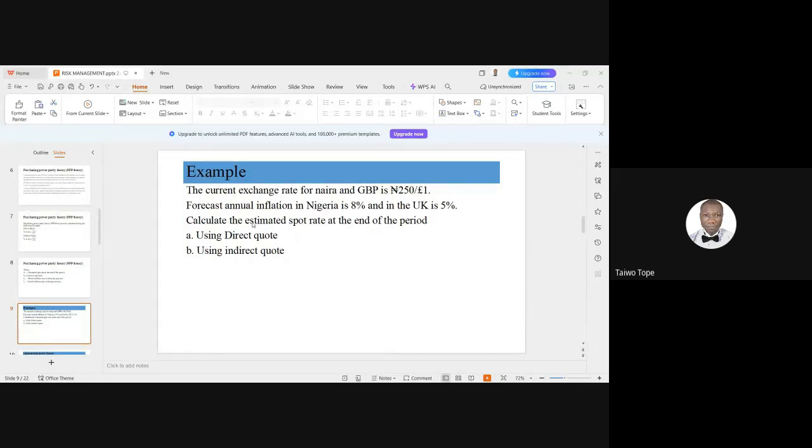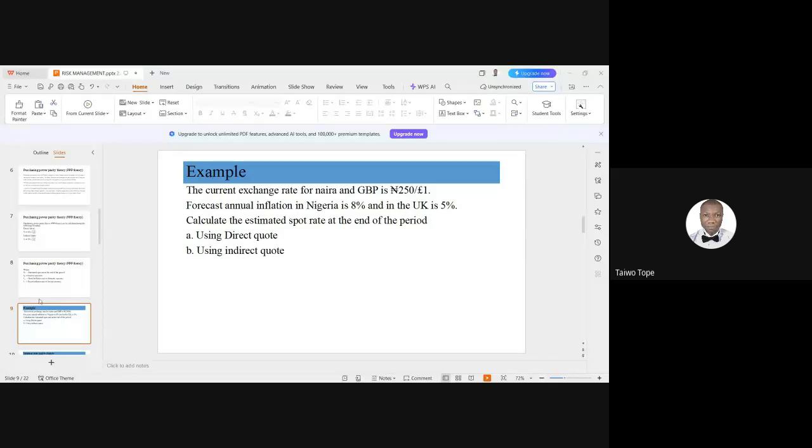This is when the price of one unit of foreign currency is expressed in terms of what? Domestic currency. The 1 unit of foreign currency here is what? Pound, in relation to 250 Naira. So it shows that this is clearly a direct quotation.